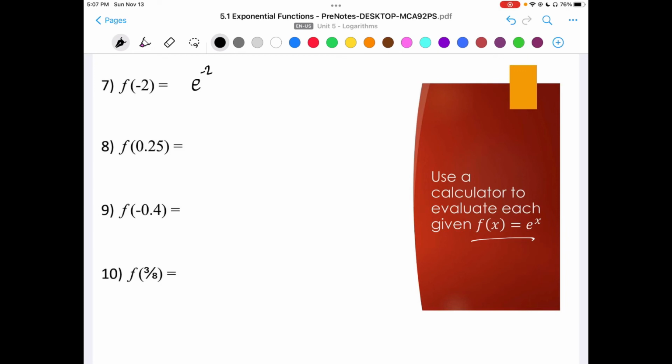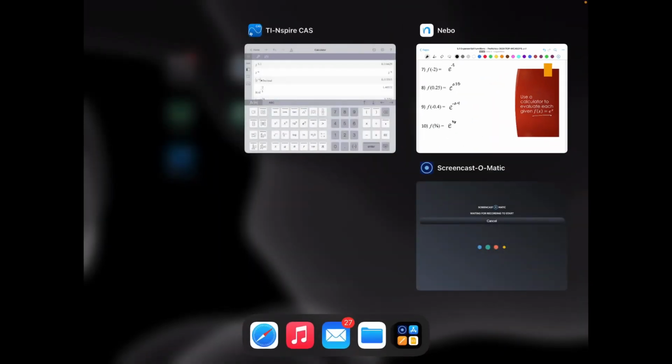We're replacing that x in e to the x with -2. Okay, this next one, e to the 0.25, or to the 1/4, e to the -0.4, and e to the 3/8. Now this is as simple as plugging it into your calculator, so let's go ahead and do that.